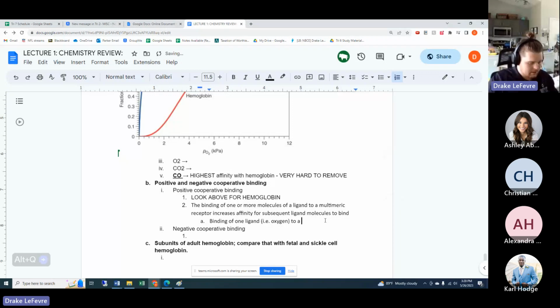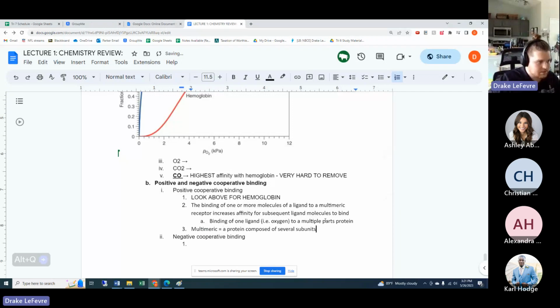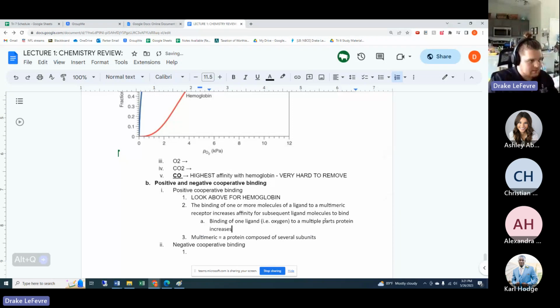One ligand to a multiple parts protein. So multimeric equals protein composed of several subunits. Binding one ligand to a multiple parts protein increases attraction for the next ligand.